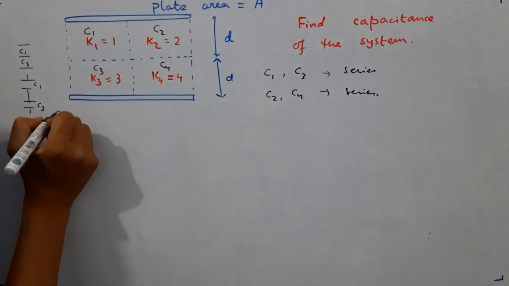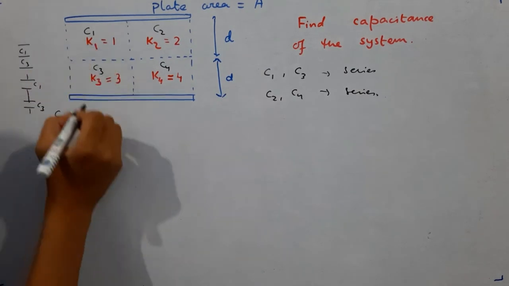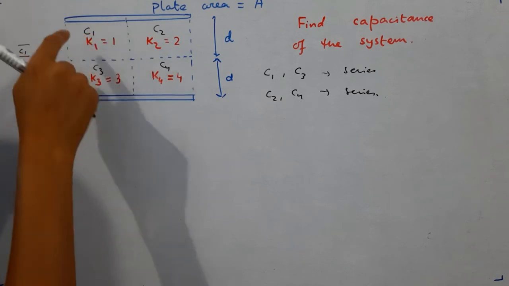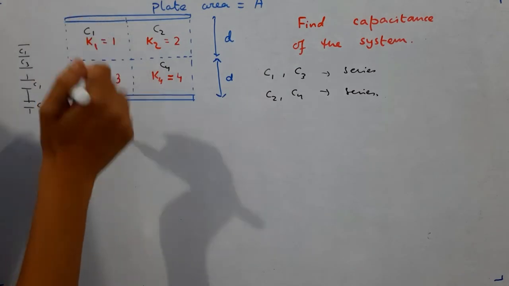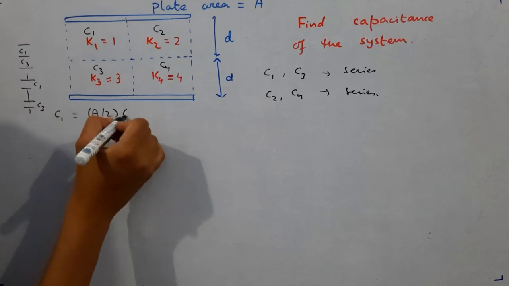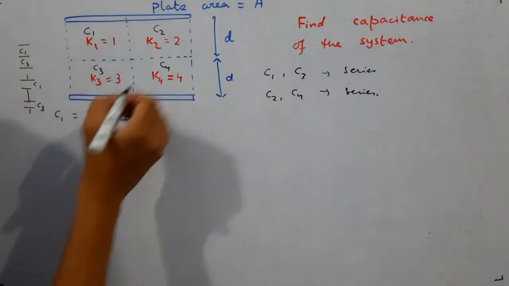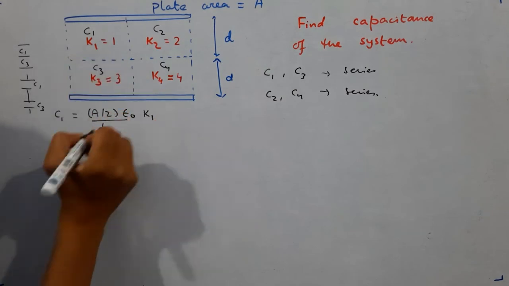Let us first find the values of C1, C2, C3 and C4. C1 will be, now what is the area of the plate from this region to this region? The total area was A, this is half of that total area. So this will become A by 2 epsilon naught by D, this distance is given as D, and then we'll multiply this with K1.